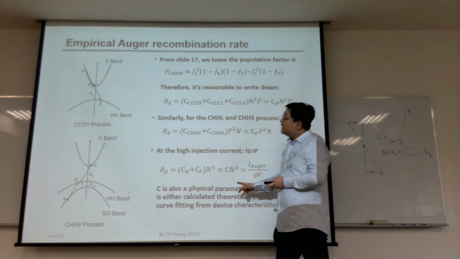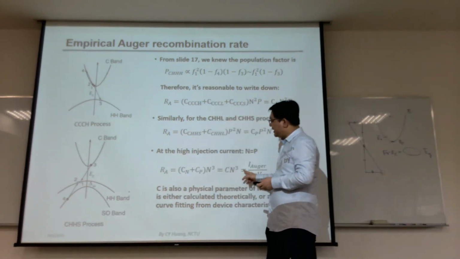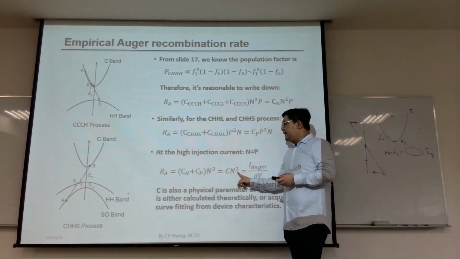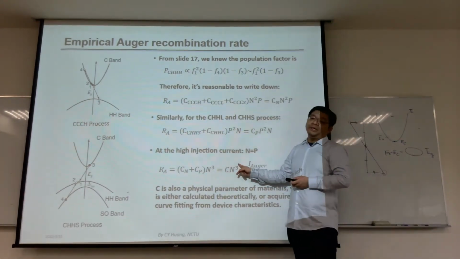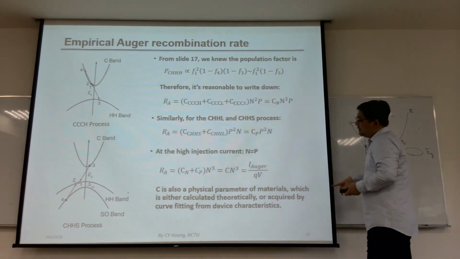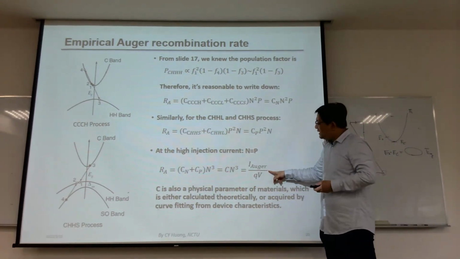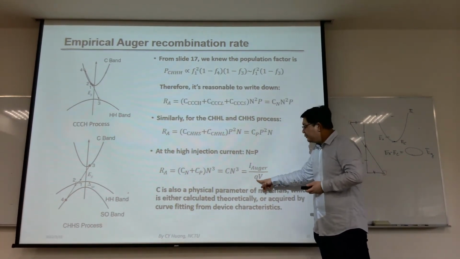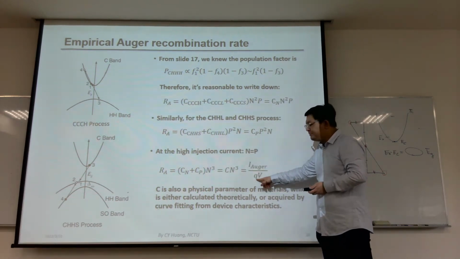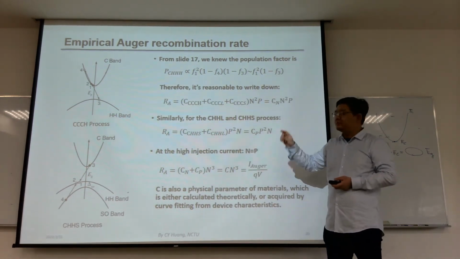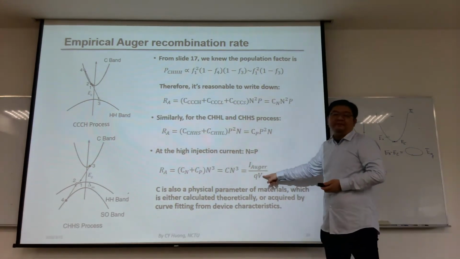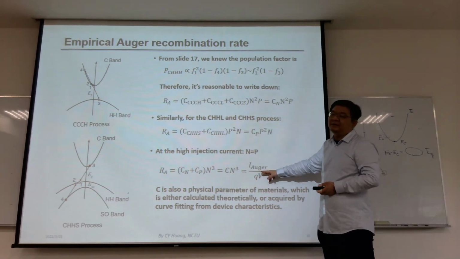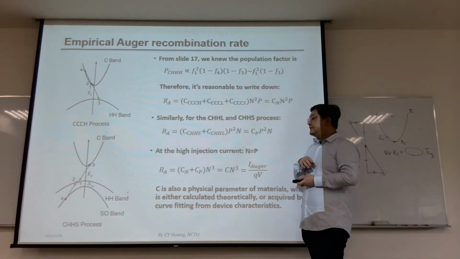Then the whole process becomes a constant times the carrier density cubed. It could also be written as the Auger recombination current divided by Q, where the current divided by Q means the number of electrons, then divided by V, the active volume. So it becomes the recombination density.